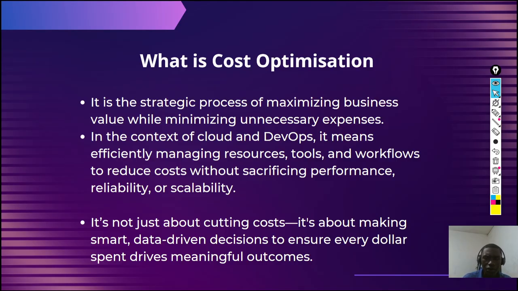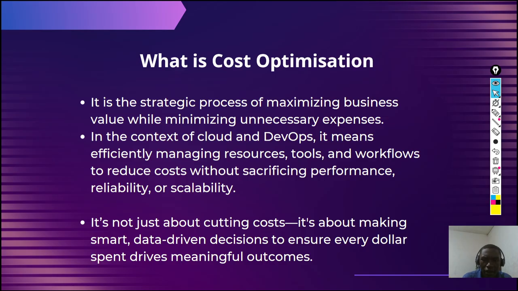The term cost optimization has been existing even before cloud, right? It is a term that is used in business. And when we talk about cost optimization in business, it is the strategic process of maximizing business value while minimizing unnecessary spending. Nobody will want to spend money on something that is not valuable to them.